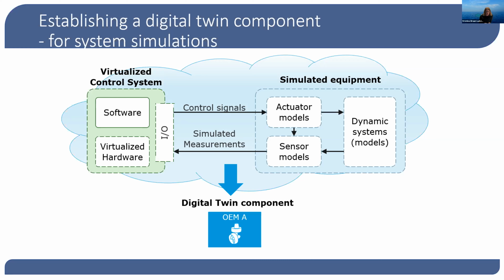But some additional advantages of this is that when you have everything virtual, you can potentially accelerate the simulations in time. And you can test much faster if you're able to control the speed both of your software and models. And simulations can also be parallelized in a more efficient way and increase further the test efficiency of such systems.